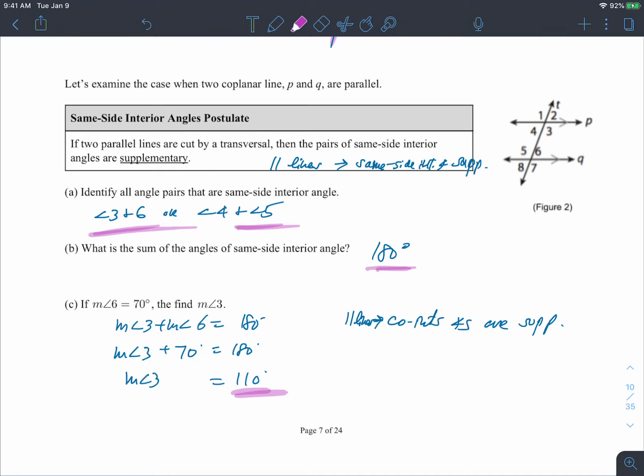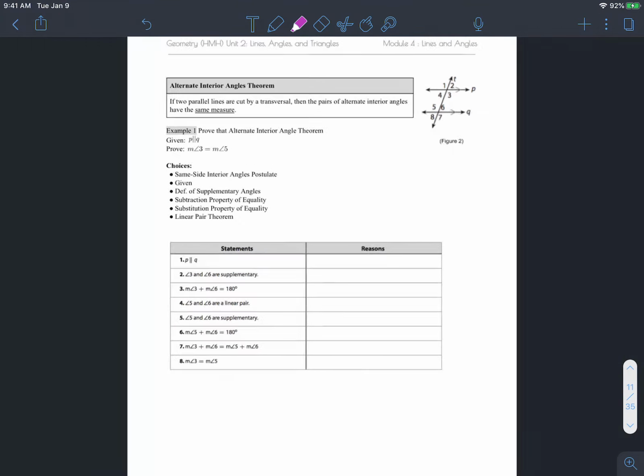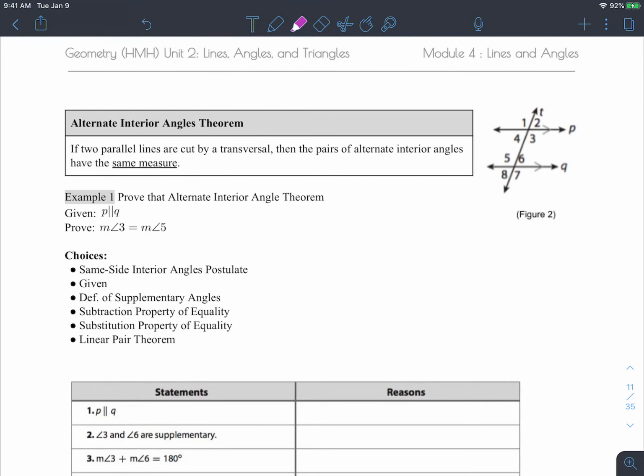Okay, guys? All right. We're almost done. So let's do a little proof, shall we? So this is a guided proof in a way, right? So this is the alternate interior angle theorem. Whenever we're doing a theorem, we're supposed to be able to prove it, but you're allowed to use the previous definitions, postulates, anything, previous theorems, to prove the current one.